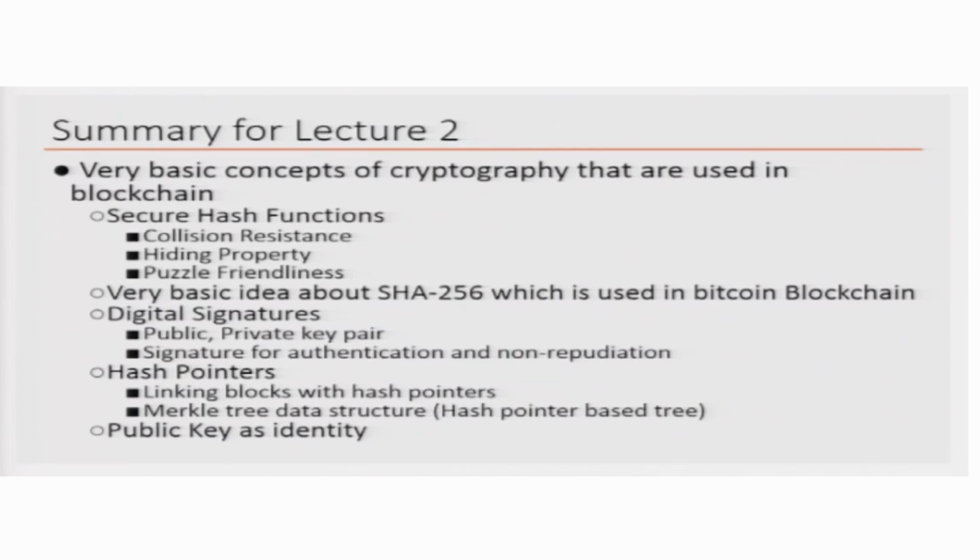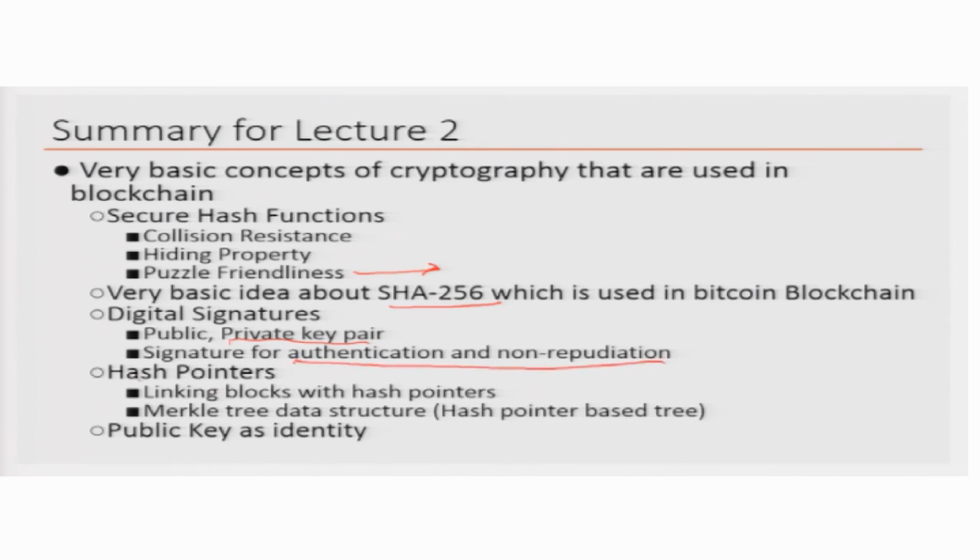We talked about secure hash functions, the collision resistance, hiding property, and puzzle friendliness, and this puzzle friendliness will come back when we discuss the basic operating principles of Bitcoin blockchain. We talked about SHA-256 and a little bit about its construct, and digital signatures: how the private key is used to create a digital signature and the public key is used to verify it, which is required for authentication and non-repudiation.